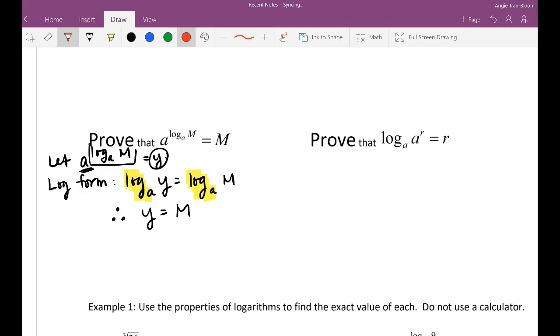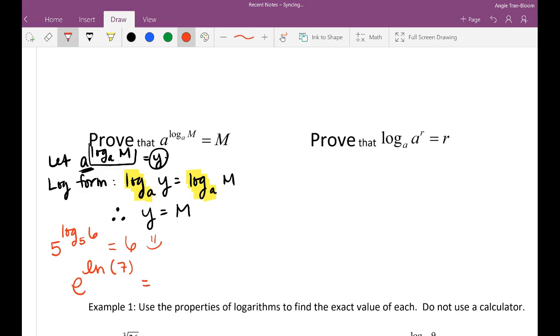So what do I do? What do I use this for? If I give you this, 5 to the log base 5 of 6, what do you think the answer is? Did you say 6? Oh, thank you. That makes me so happy. Okay, how about if I have e to the ln of 7?